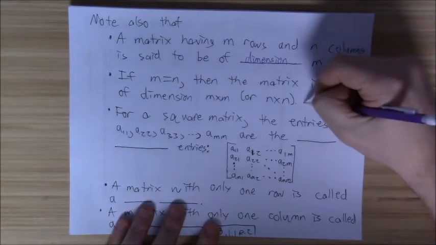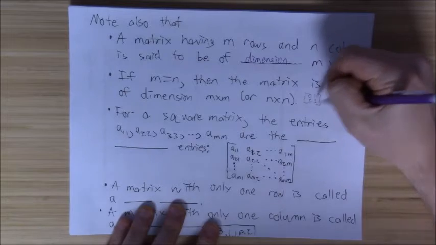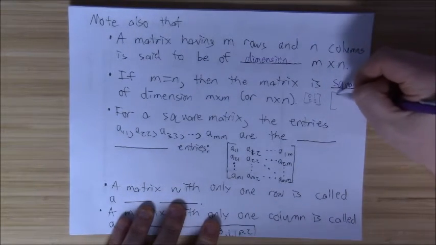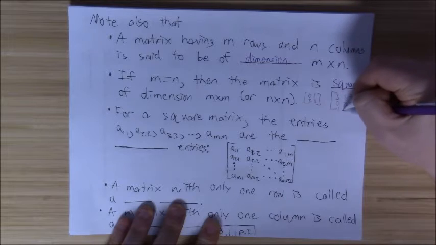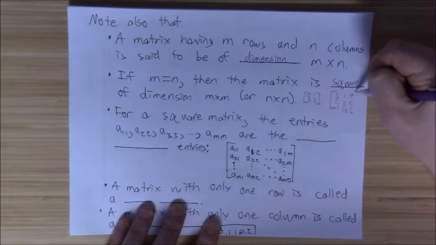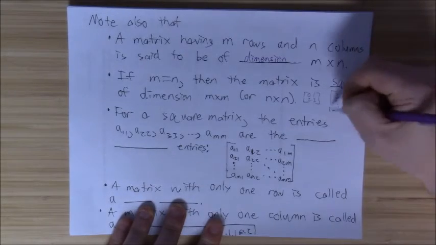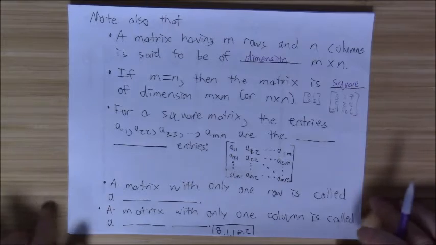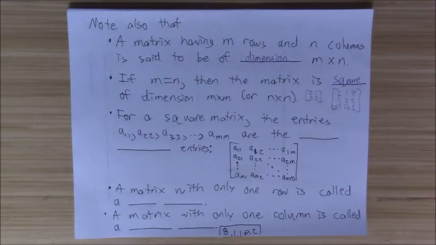Namely, some examples of square matrices would be 0, 1, 2, 3, because that's a 2 by 2, or 3, 1, 7, 0, 2, 5, negative 1, root 2, 6. It doesn't matter what the numbers are. The important thing here is the size, because this would be a 3 by 3. So these are both examples of square matrices because they have the same number of rows as columns.